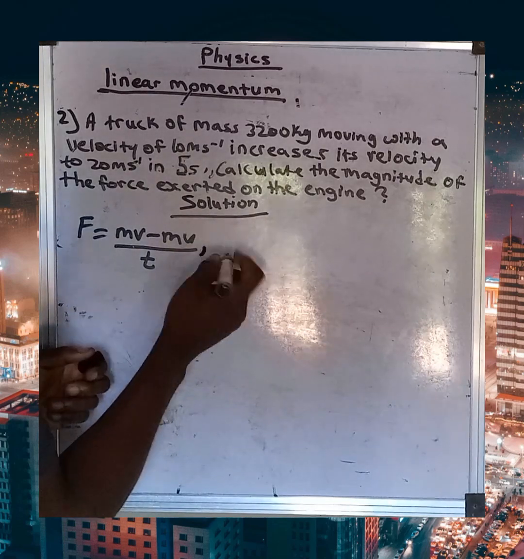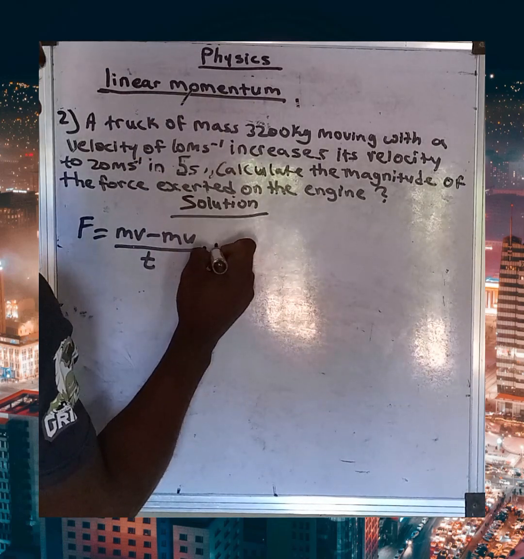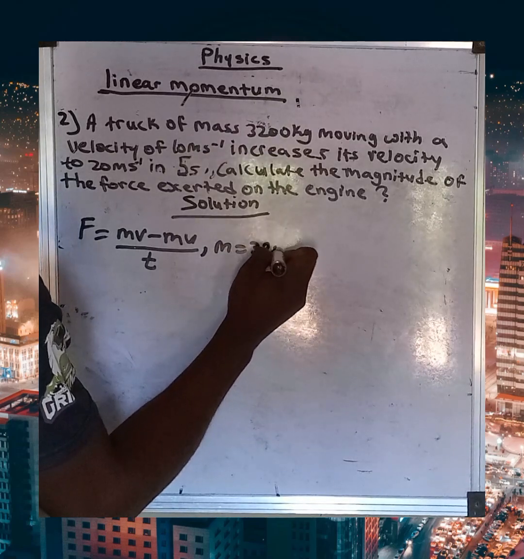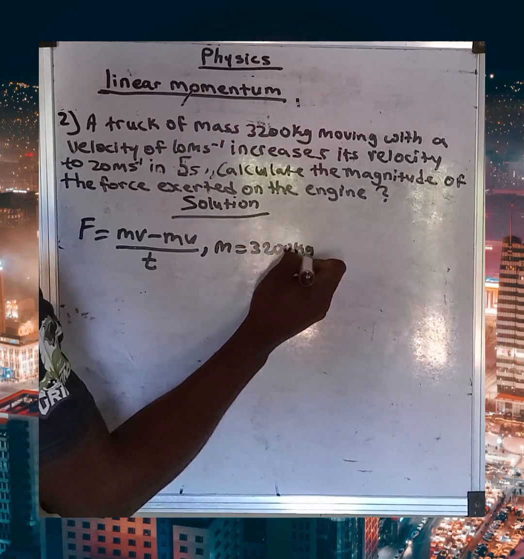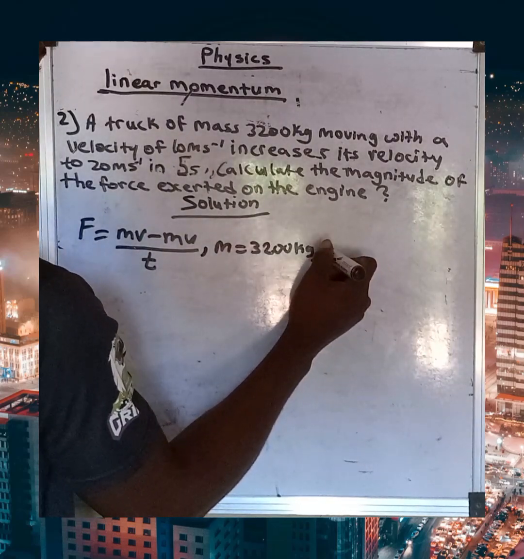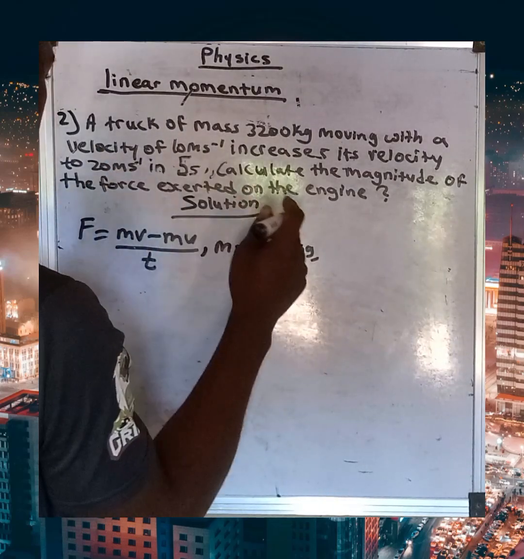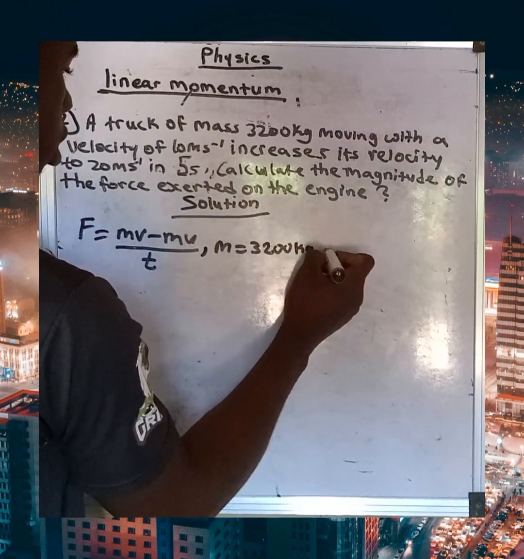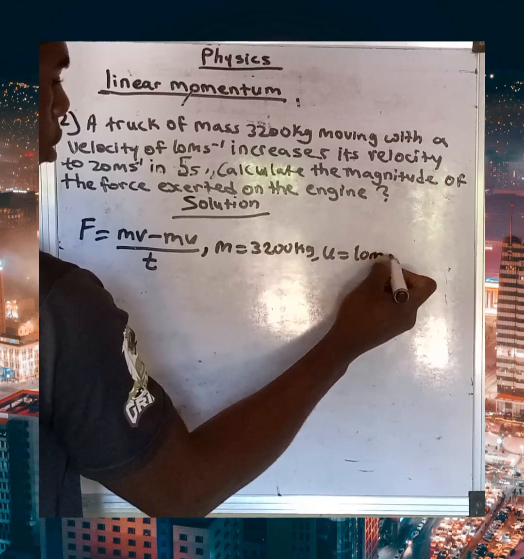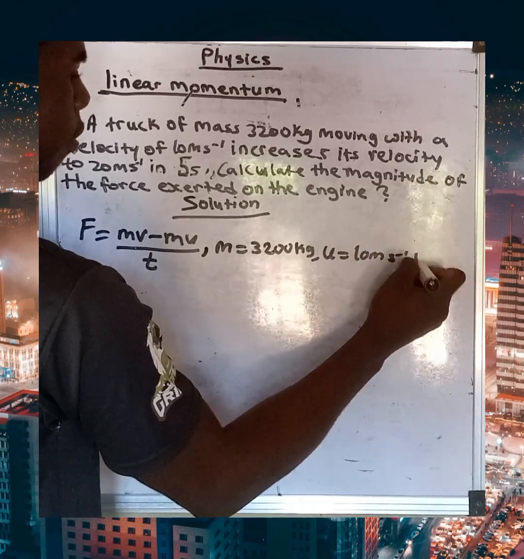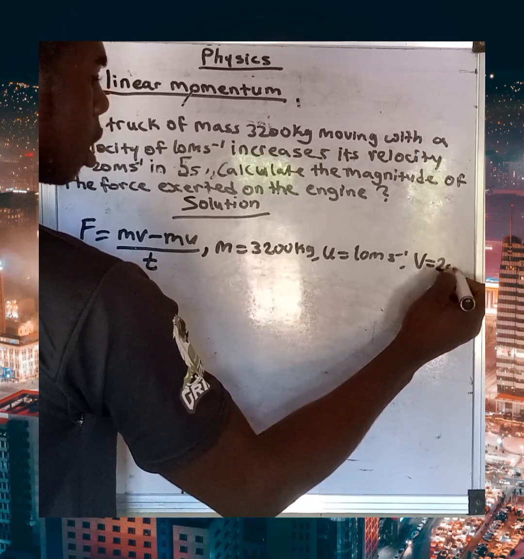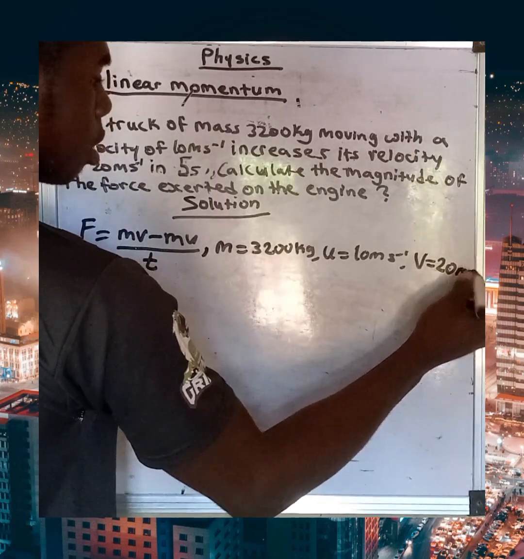So here we are given our mass to be equal to 3,200 kilogram, and we are given our initial velocity to be 10 meters per second, and we are given our final velocity to be equal to 20 meters per second.